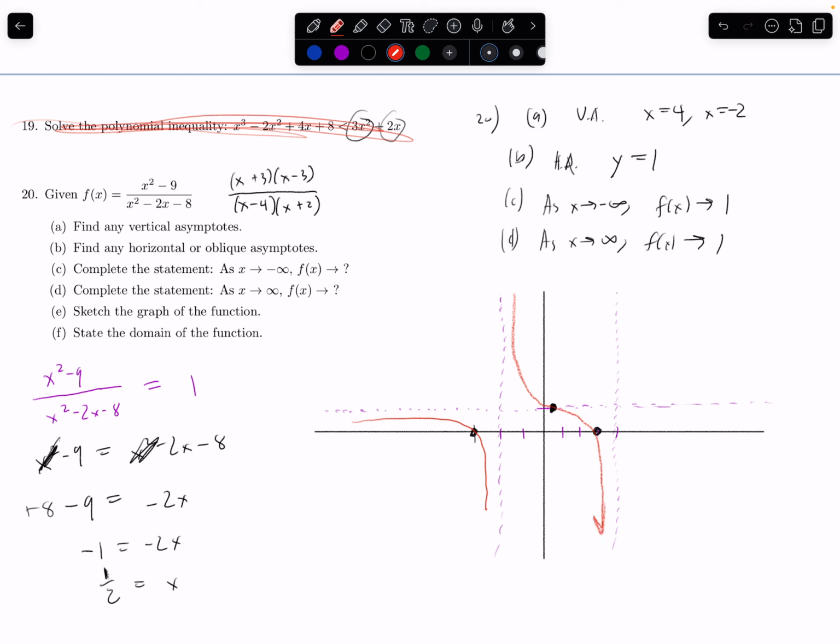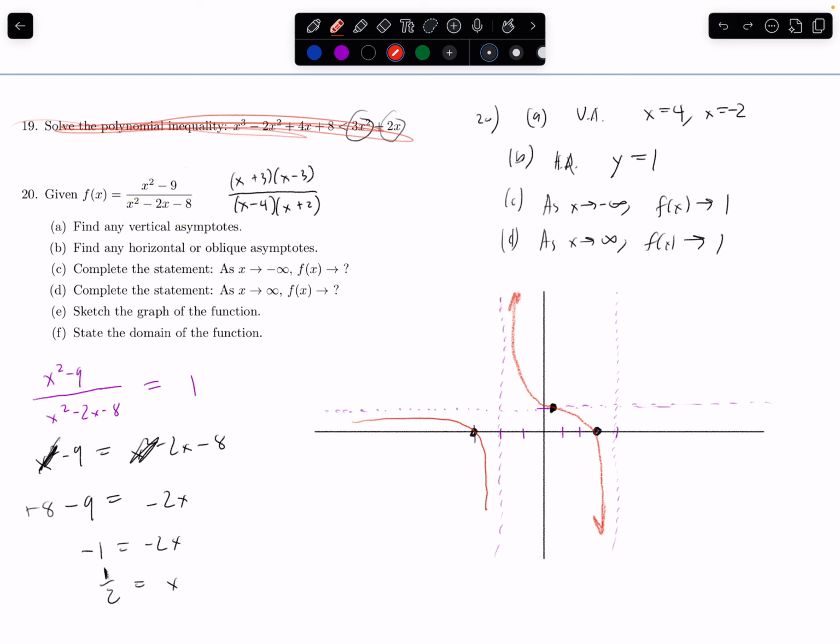If you want to be extra sure, you can do a test point right here. Plug in negative 1 into your function and see what happens. Negative 1 squared is 1, minus 9 is negative 8. And then negative 1 squared is 1, plus 2 minus 8, so that's going to be negative 9.